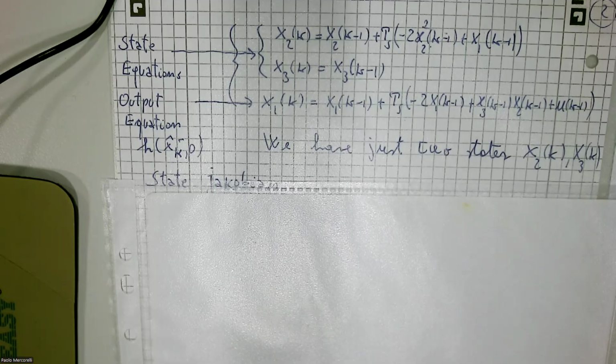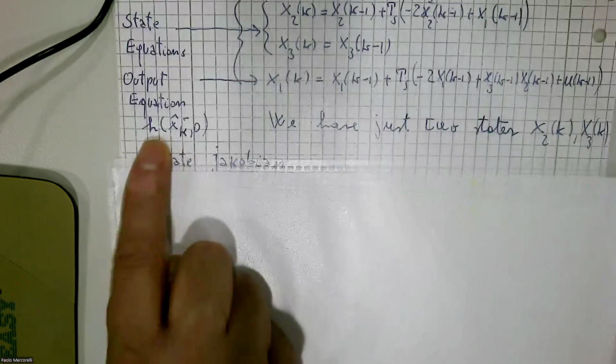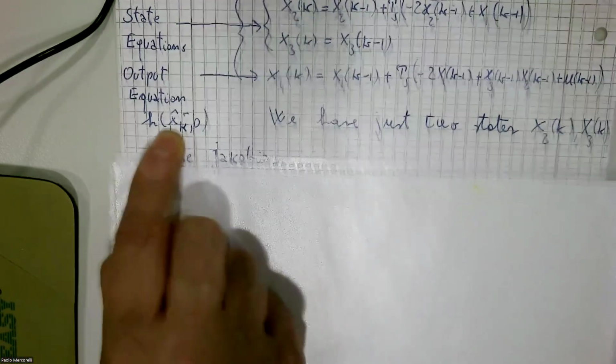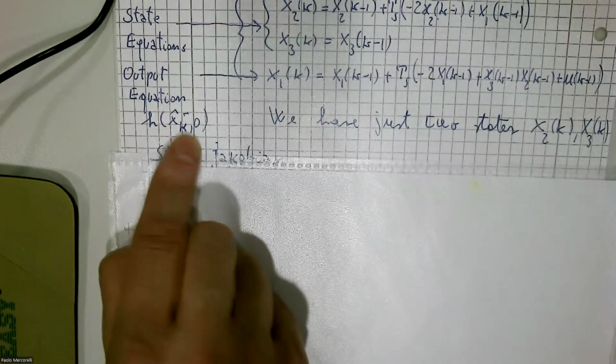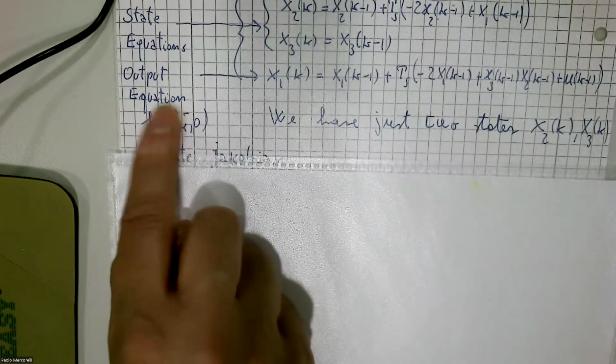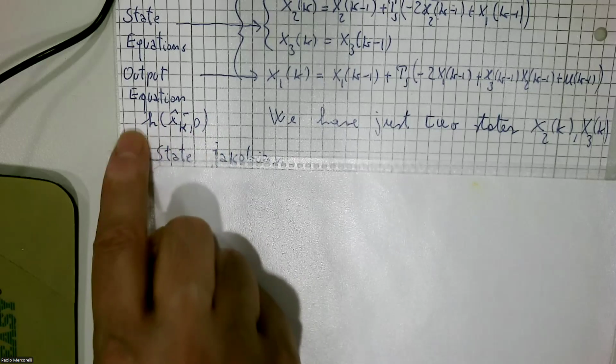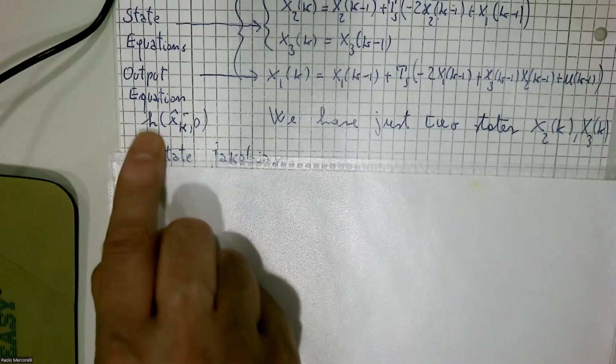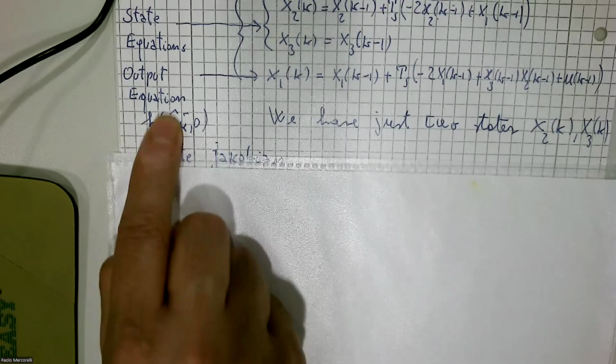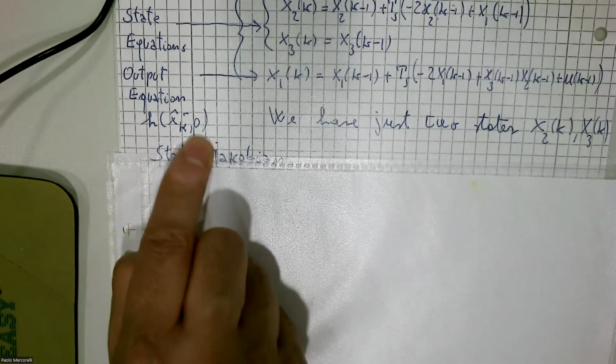Let me consider this possible representation, which you may remember from one of the first lectures on the EKF, where the output representation is z of k, or y of k, equals h of x hat minus of k, comma 0.